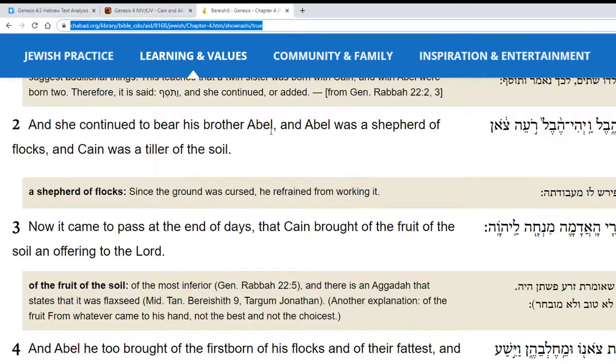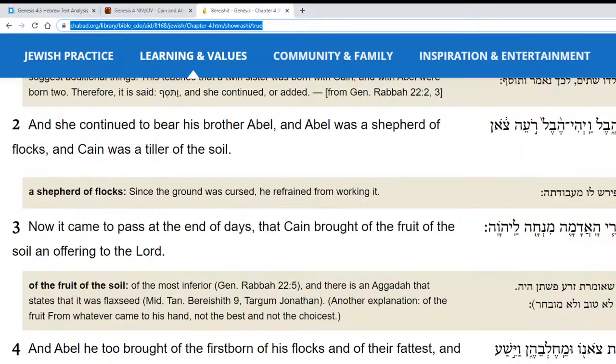Let's see what Chabad translates: now it came to pass at the end of days, right? Miketz yamim, right? Ketz yamim is the end of days. That Cain brought of the fruit of the soil an offering to the Lord. And actually, Rashi here kind of agrees with the NIV.